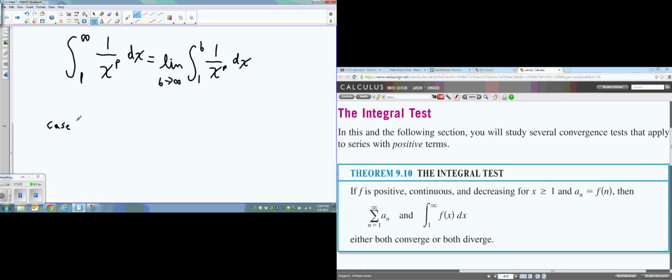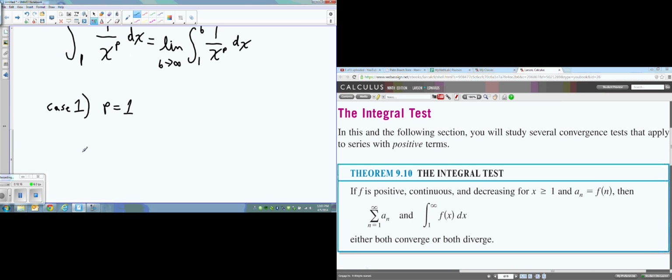Let's take a look at case 1, where p is equal to 1. Well, if p equals 1, then this limit is the limit as b approaches infinity of the integral from 1 to b of 1 over x to the p, but p is the number 1, dx, which means that this is equal to the limit as b approaches infinity of, well, the integral of 1 over x is the natural log of x.